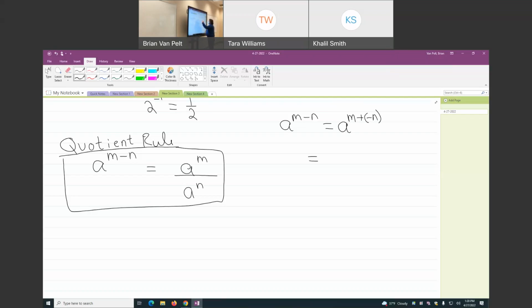Accordingly, I can break this up as a to the m times a to the -n. And then we can use our rule that rewrites a to the -n as 1 over a to the n. And so if you think of this a to the m as being over 1, here you get the result.